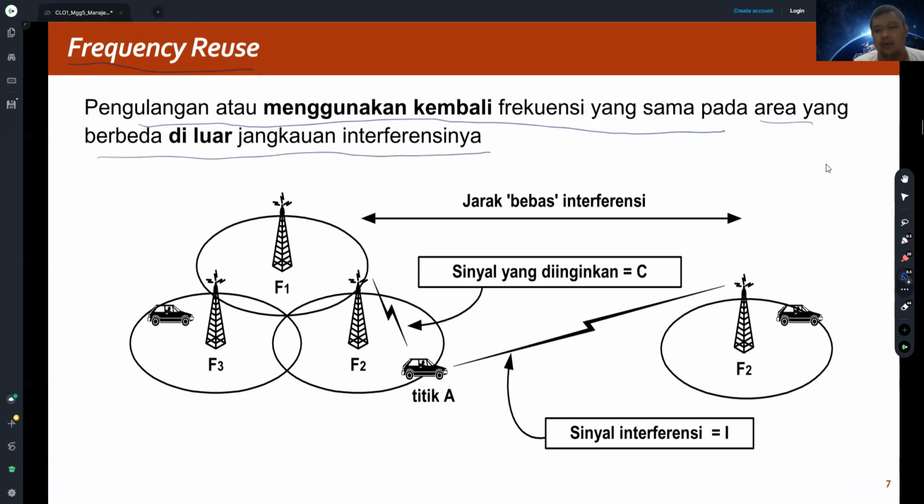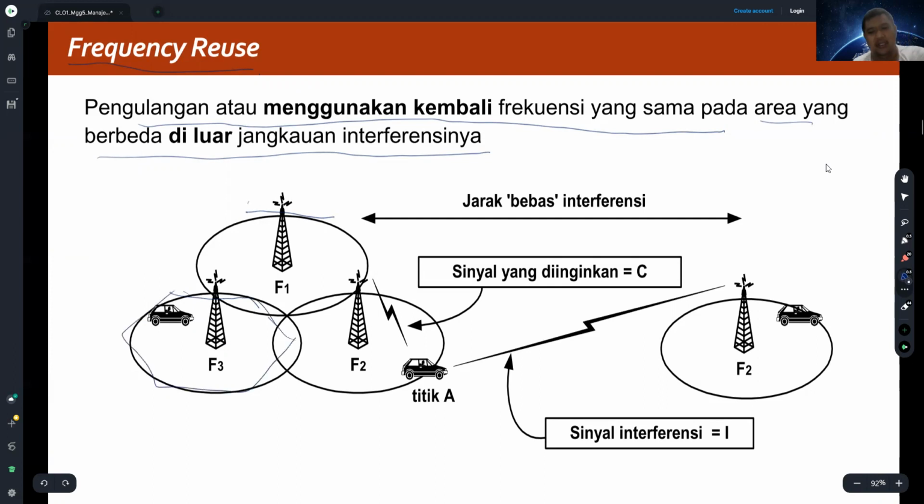Usually in cellular communication, we model the coverage area as a cell, hexagonal cell to be more precise.